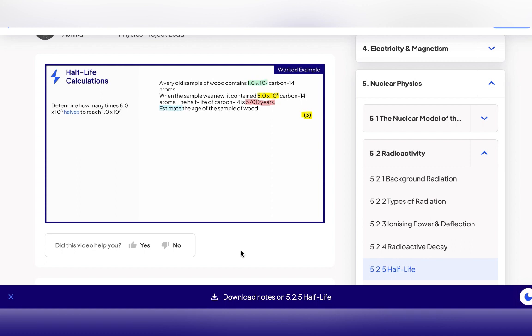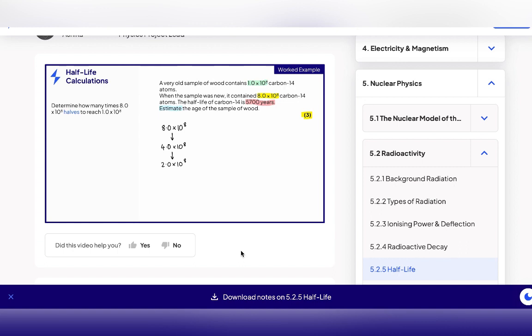We want to start off by finding out how many times we need to halve our initial number of nuclei to reach our final number. So, first we halve 8.0 times 10 to the 8, giving us 4.0 times 10 to the 8. This is not our final number of nuclei, so we halve again.